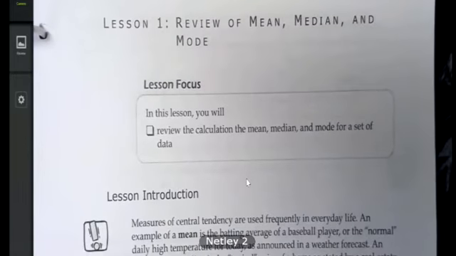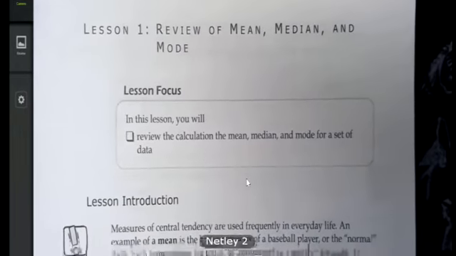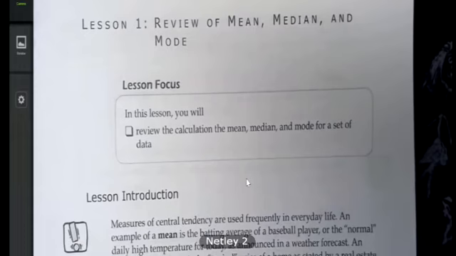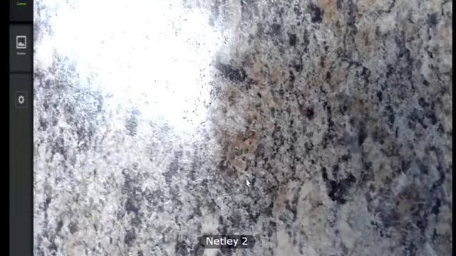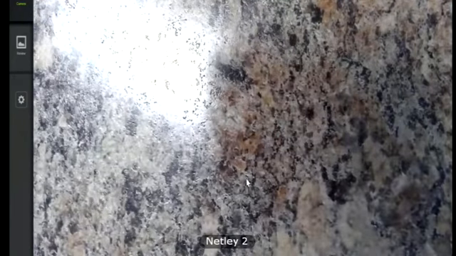Review of mean, median, and mode, lesson 1. The unit has 4 lessons, and there will be 2 hand-in assignments. One will be after this lesson today, actually. Learning activity 7.1. And then just very quickly flipping ahead here.